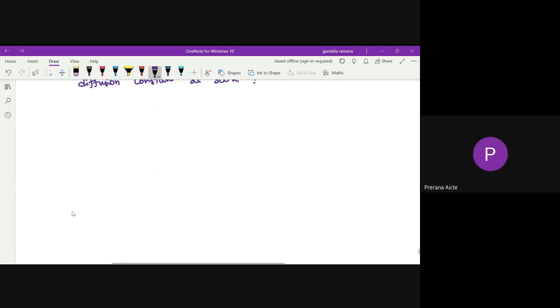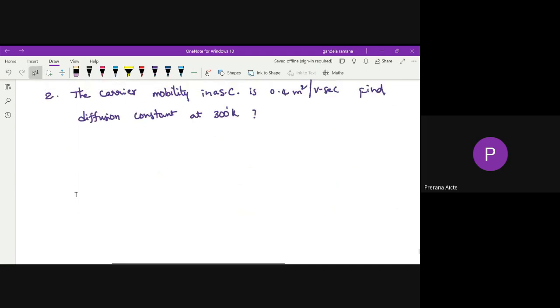The given data is 0.4 meter square per volt second. That is mu, the carrier mobility. That means mu is equal to 0.4 meter square per volt second. They need the diffusion constant.